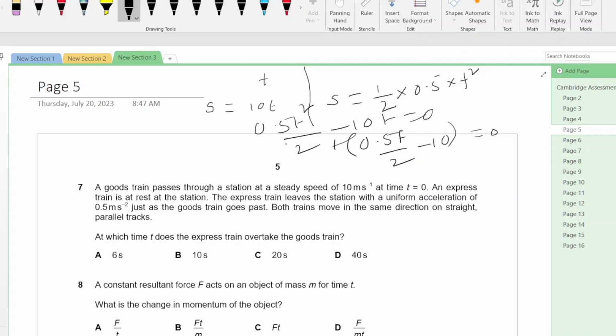Therefore, 0.5t equals 20, and t equals 40 seconds. And the time is 40 seconds. Therefore, the answer for question 7 is D.